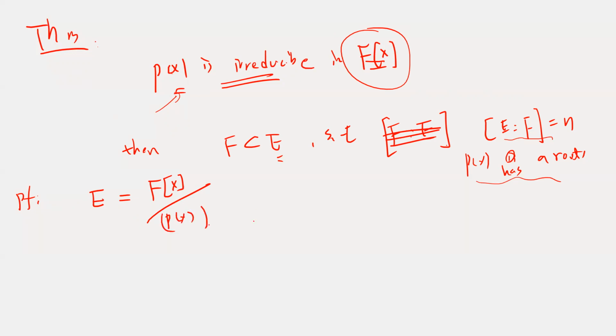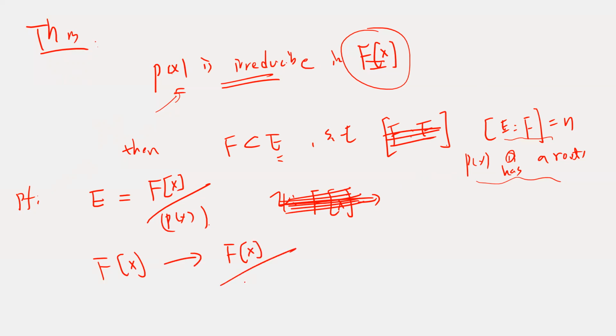Let's construct a homomorphism from F[x]. There is the natural map from F[x] to F[x] modulo this ideal generated by P. We already know this is a field.